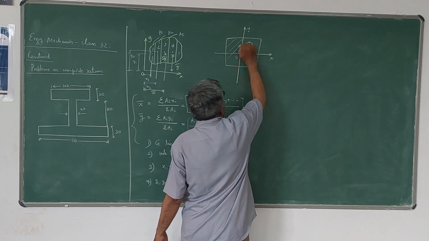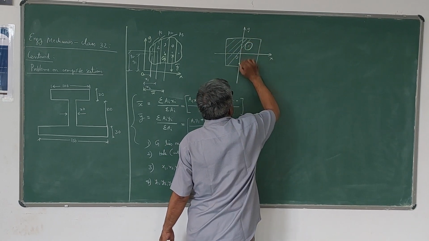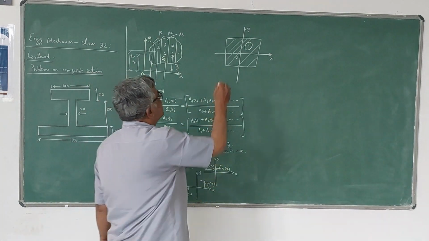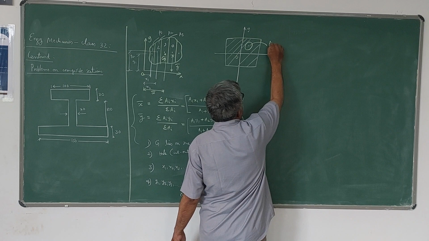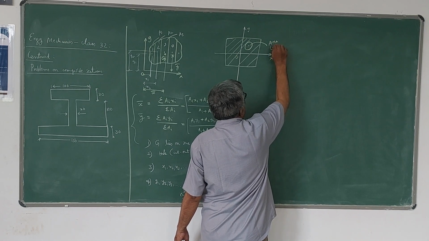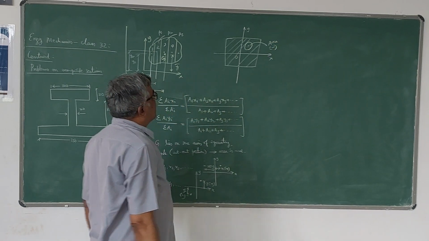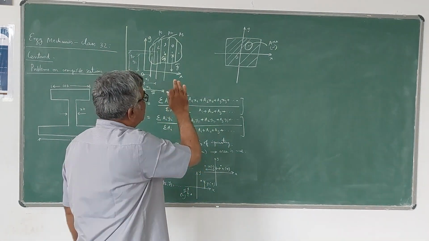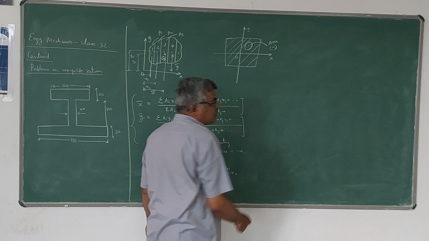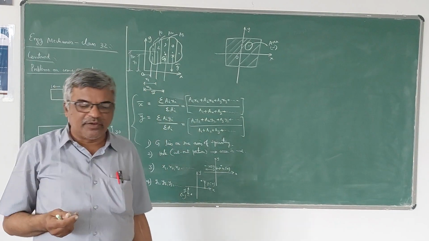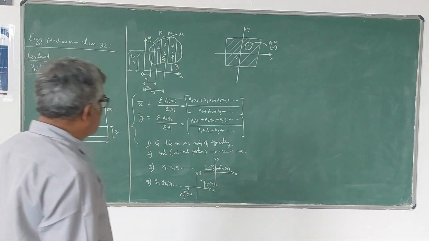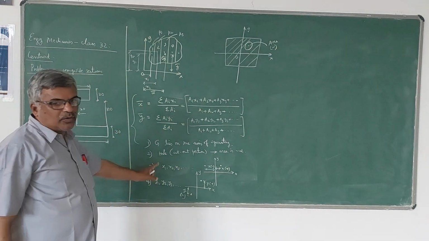You have to locate the centroid of only this shaded area. So this is a hole portion, so this area you have to take as negative. That is one thing. And if the centroid lies to the right of the y-axis, the x distance is positive. If the centroid lies to the left of the y-axis, the x distance is negative. So all those things we have to keep in mind.